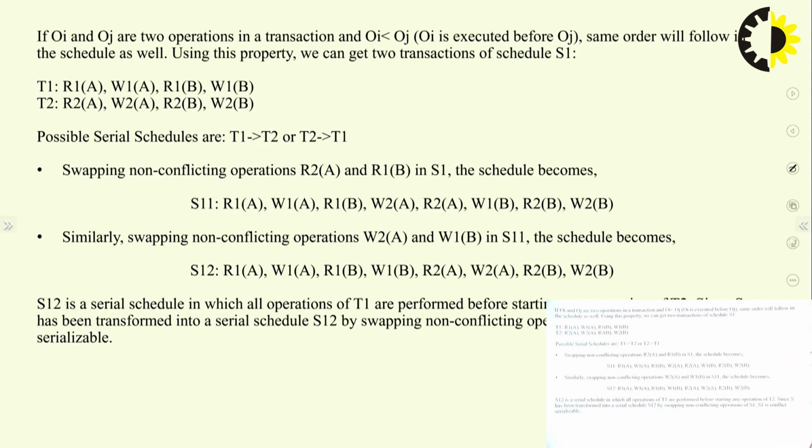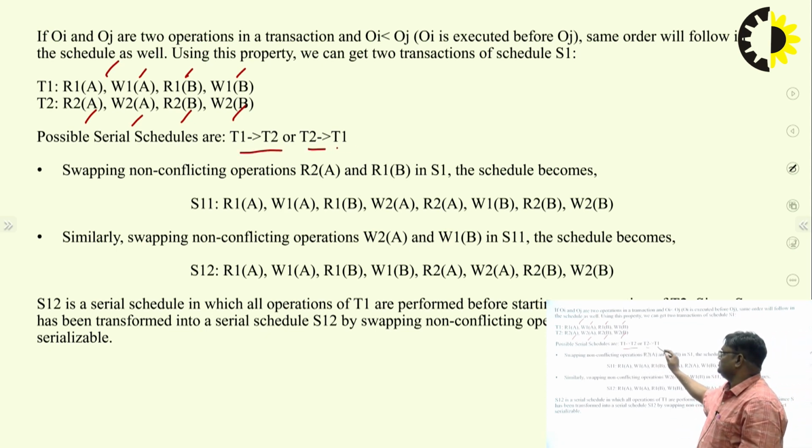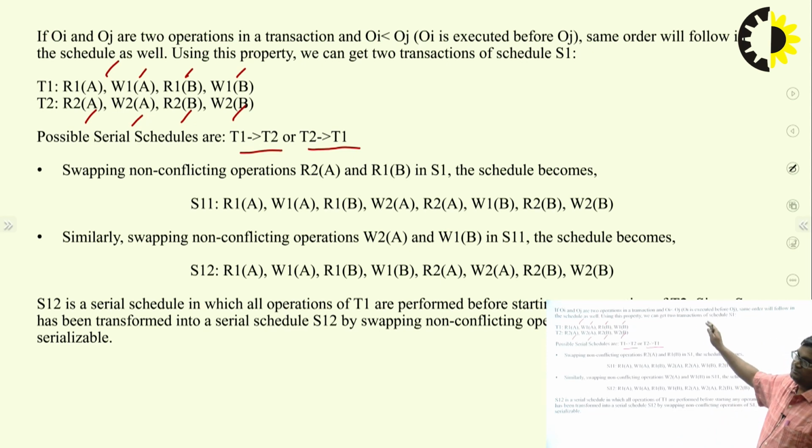Using this property, we can get the two transactions of schedule S1: T1 has R1A, W1A, R1B and W1B, and T2 has R2A, W2A, R2B and W2B. Possible serial schedules are T1 to T2 or T2 to T1. If we execute them non-serially, their serial equivalent can also be T1 to T2 or T2 to T1.